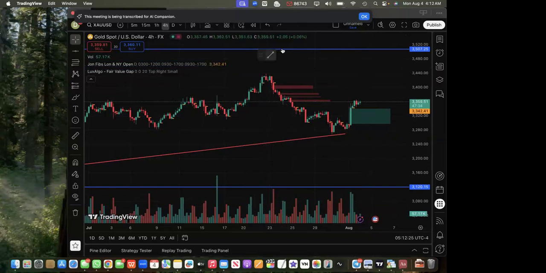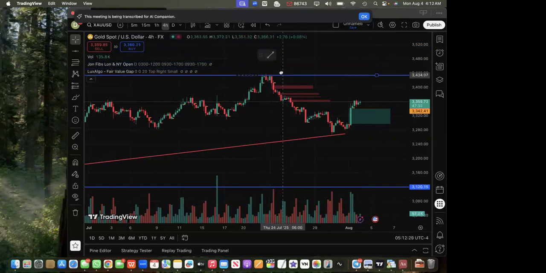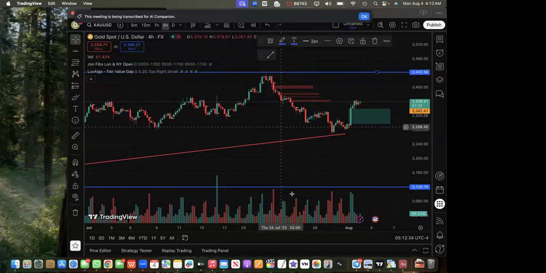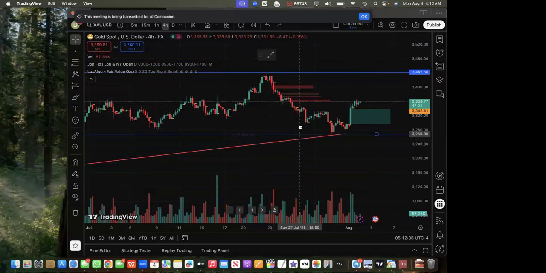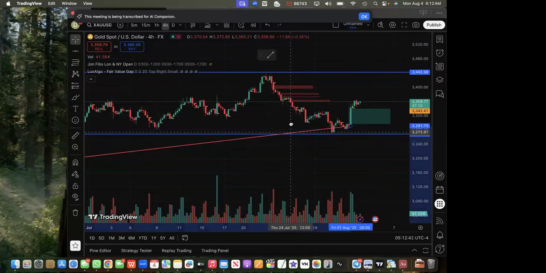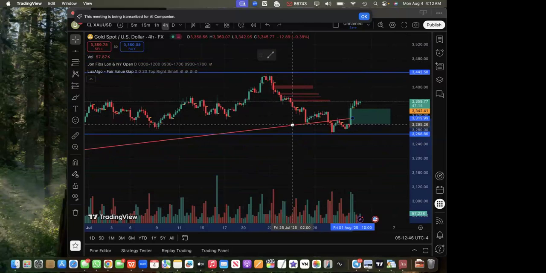You can see that my trend lines moved a little bit, but that's fine. I'm just going to move it back into position to ensure that I still have my support and resistance, and we still have our upward trend.